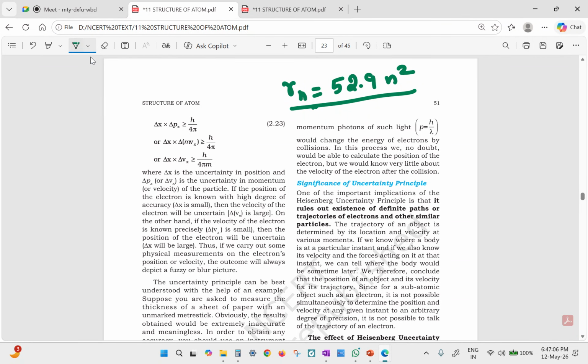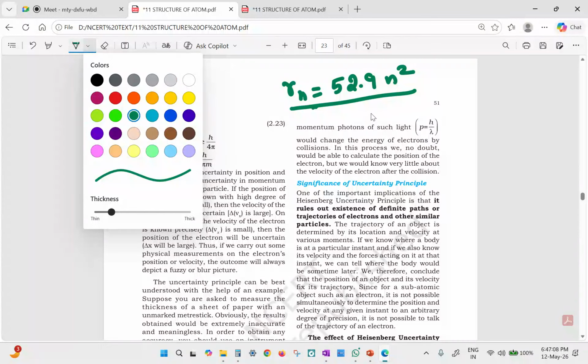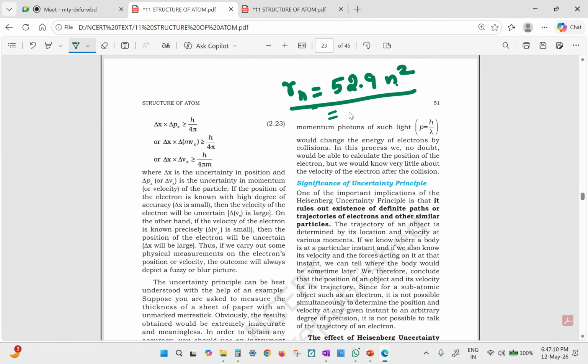It may be present at 52.9 picometer, or it can be 52.9 into 4 picometer if it is in the second shell, or 52.9 into 9 picometer. So Bohr could say where the electron is.